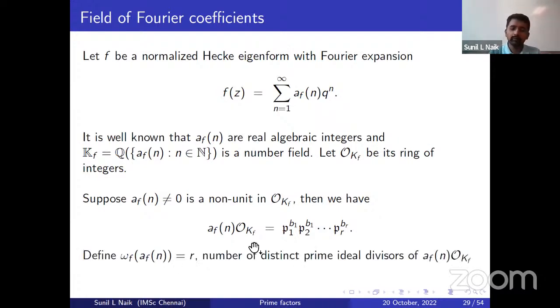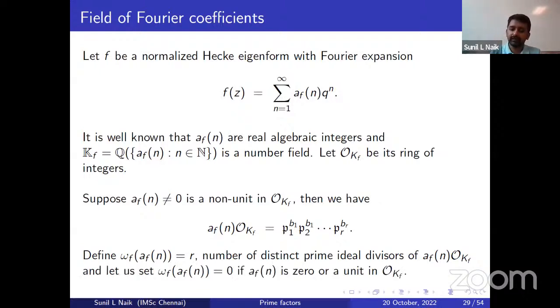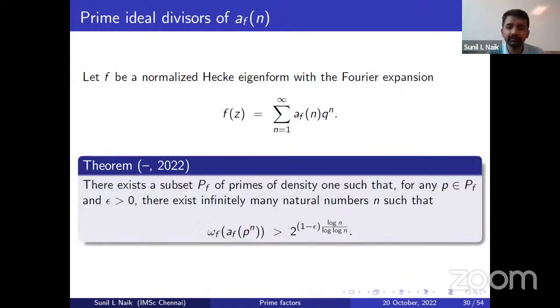We define omega_f of f(n) to be equal to r, the number of distinct prime ideal divisors of the ideal generated by f(n). We also set omega_f of f(n) equal to 0 if f(n) is 0 or a unit in O_Kf. With this convention, we have the following theorem.